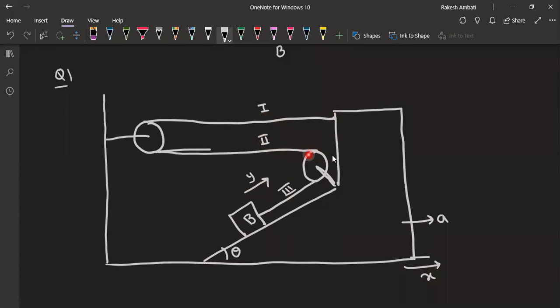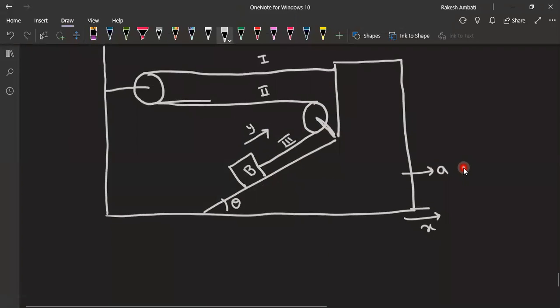Why? Because they are horizontal, in contact with the wedge. But the third segment length decreases by y.